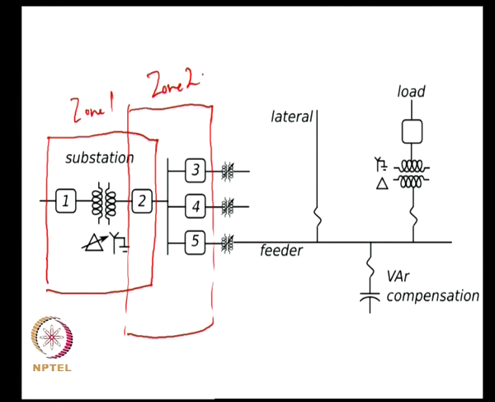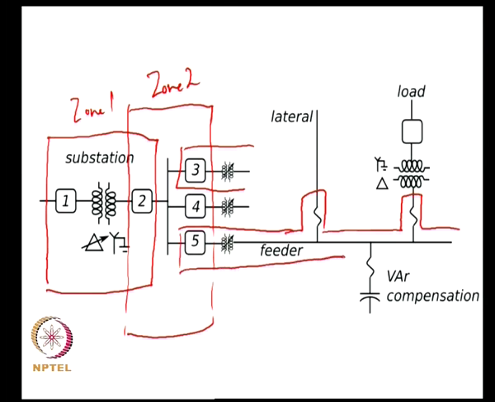You can have zones for your individual feeders. You might have zones for your consumption, which might be at the loads, towards the loads.